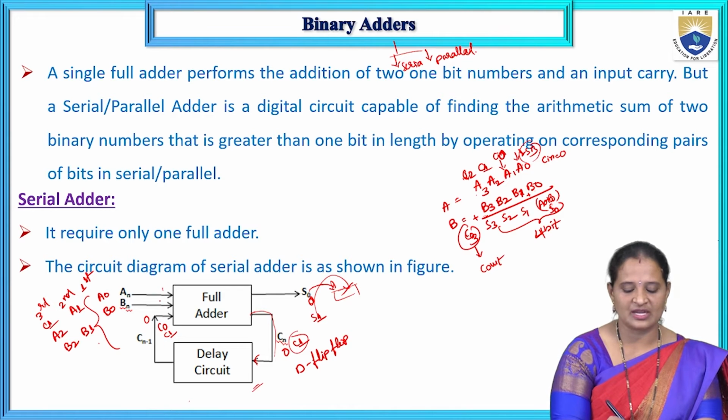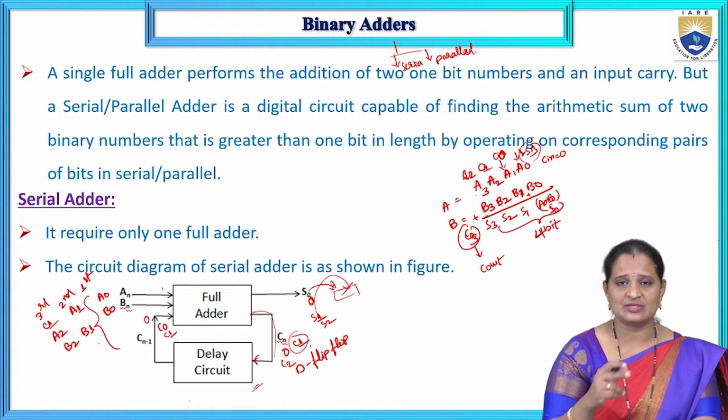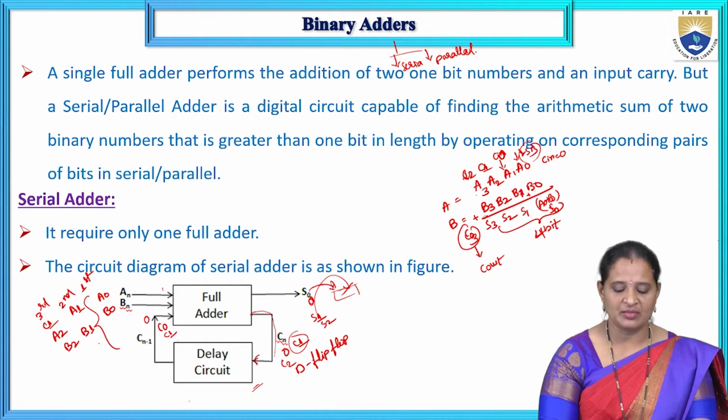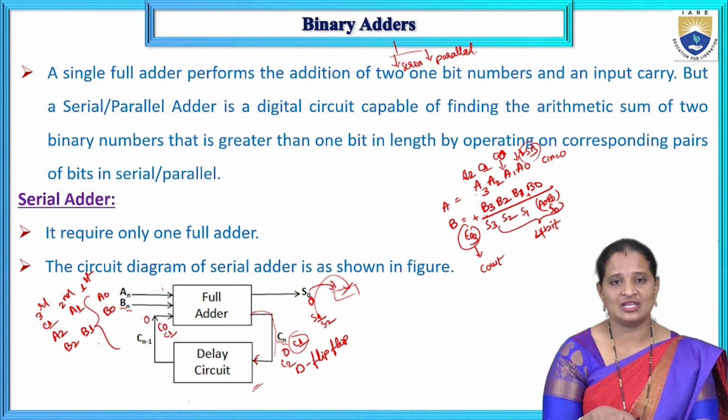It performs the addition of A2, B2 and C1 and produces S2 and carry C2. This process repeats until all the bits of the two numbers are added. That means here we need an extra circuitry, which is a delay circuit, which is nothing but a D flip-flop, which can be used as a delay or else a data flip-flop.